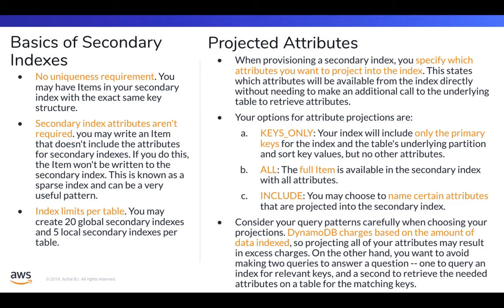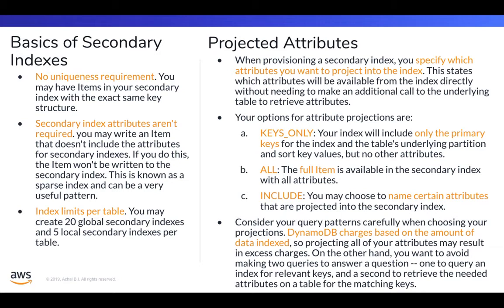For the base tables, the partition key has to be unique, to be constructed inside the partition as well. But when it comes to secondary indexes, you could choose any attribute as part of the key, and it doesn't have to be unique.